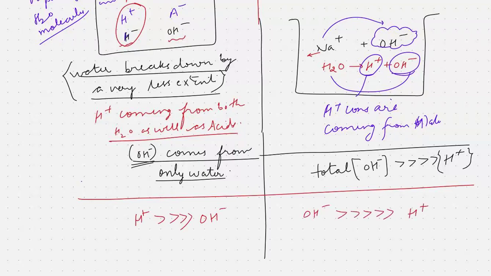Am I right? Yes or no? So the idea is that H plus will be definitely more than OH negative in acid, and OH negative will be definitely more than H plus in base. Do we understand?